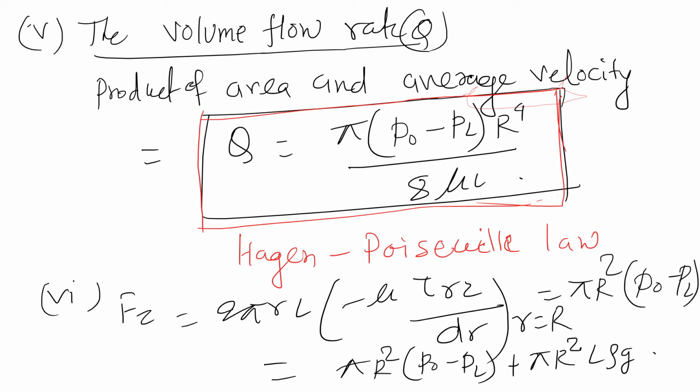You would have also studied this in fluid mechanics, right? When you apply this, you multiply the area by the average velocity, the average velocity throughout the cross section of the flow, and then you obtain the volumetric flow rate.